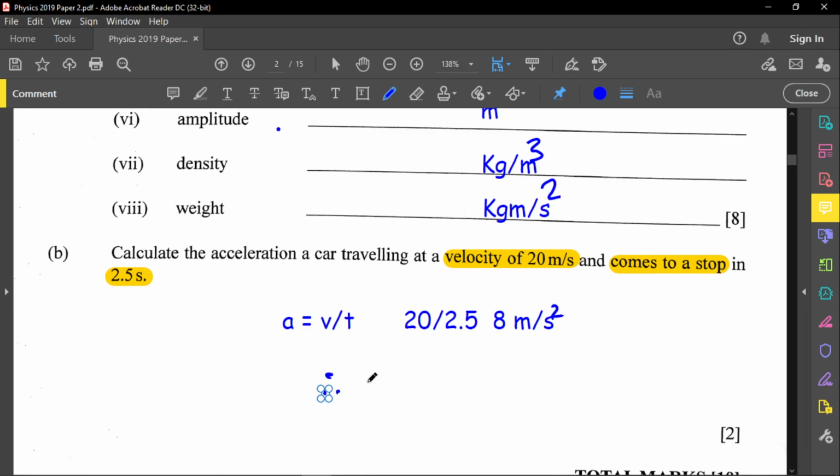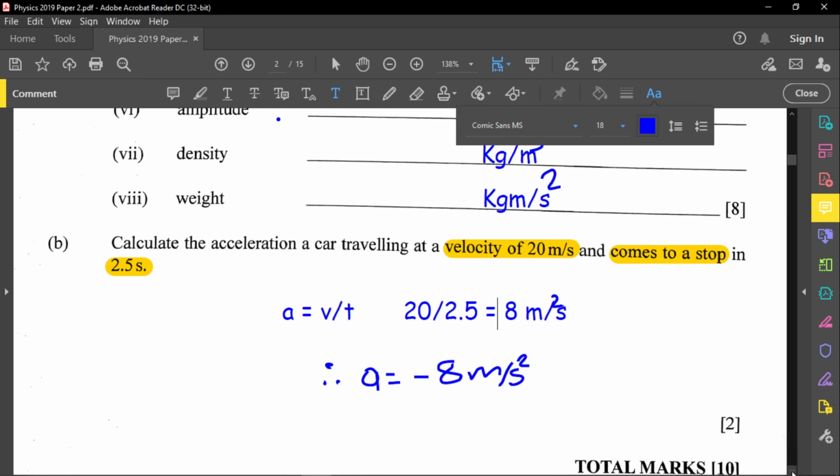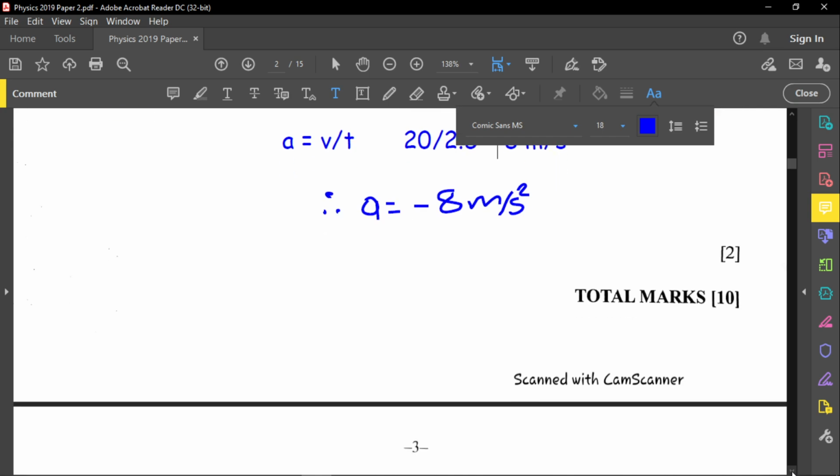So the acceleration becomes minus 8 meters per second squared. Okay, so that will be our answer there. Let me just quickly put my equal sign up here. I forgot that. All right, so great. So that will be our answer: negative 8 meters per second squared. That is the acceleration in negative value because the car is stopping. All right, this question is out.